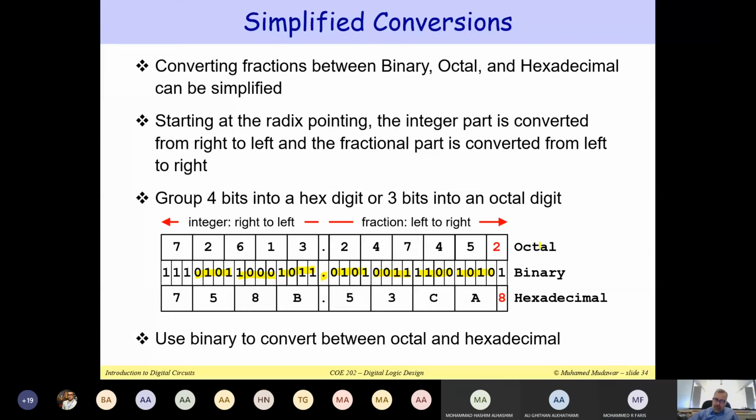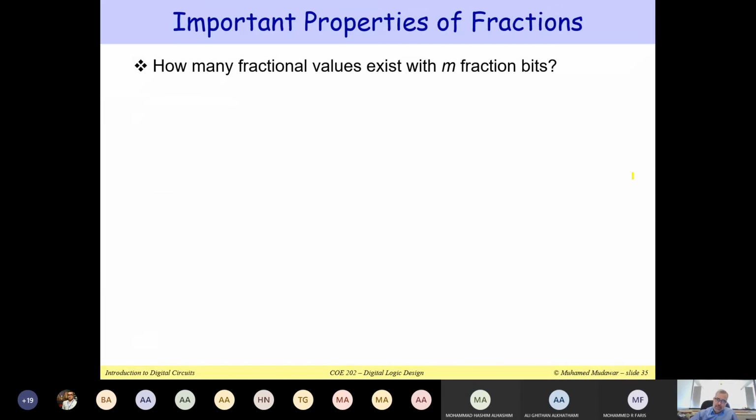If the octal is given and I would like to convert to hexadecimal, convert from octal to binary first, and then convert the binary to hexadecimal, and vice versa. If you'd like to go from hexadecimal to octal, go through binary first and then to octal.